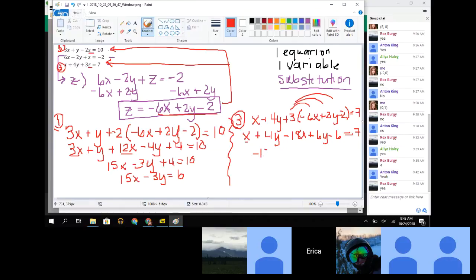So I have negative 17x plus 10y minus 6 equals 7. And if I add 6 to both sides, I get negative 17x plus 10y equals 6 plus 7 is 13.